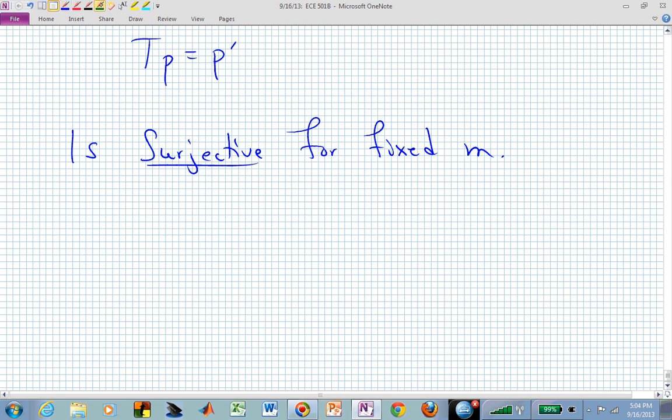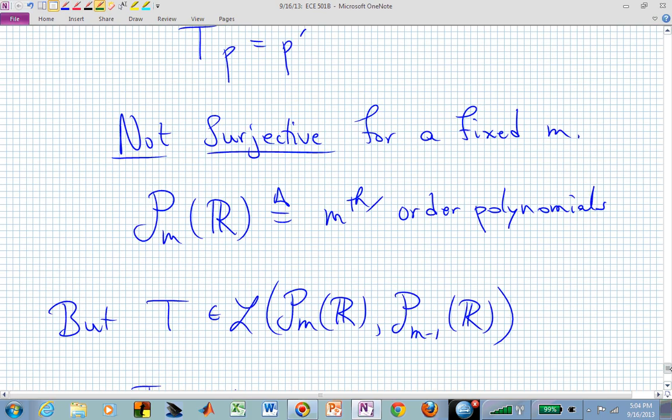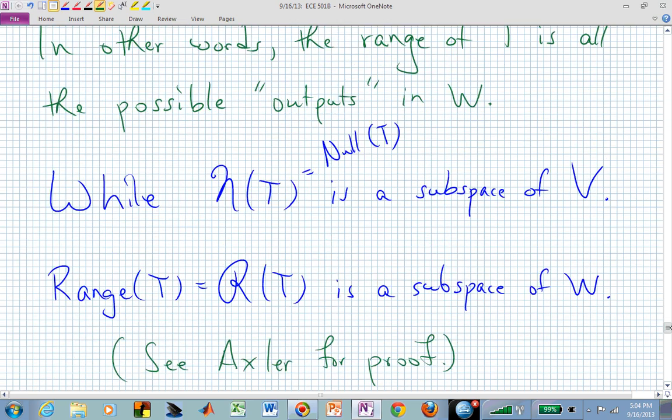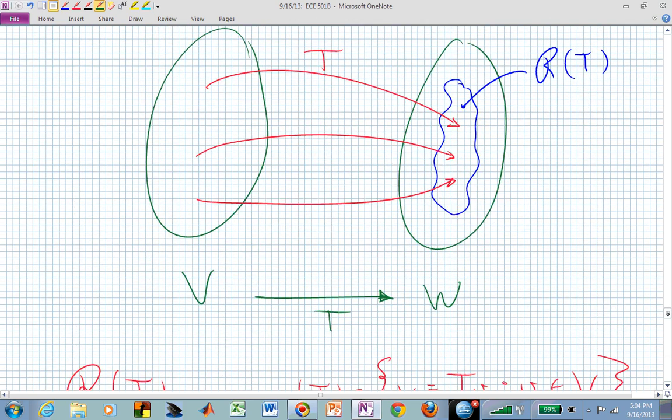Pictorially, what do we have? Now the range space, remember, was like this. That blue was maybe a subspace within W. For a map to be surjective, you need this blue to expand out and cover the entire W. That's a surjective map. It has to be now onto. You're covering everything onto W. That's what we mean by a surjective map.